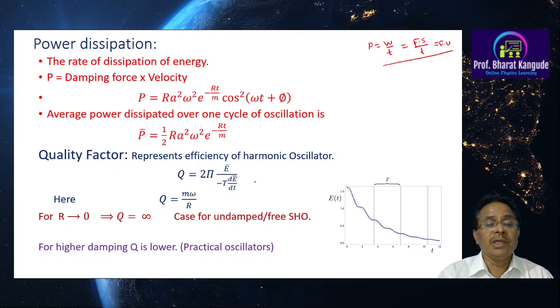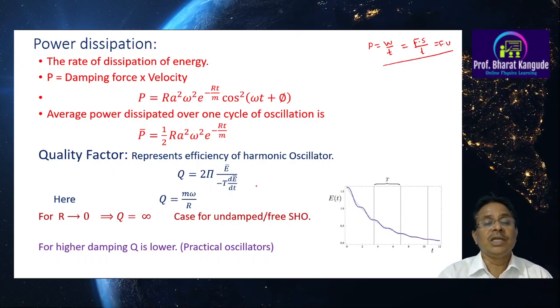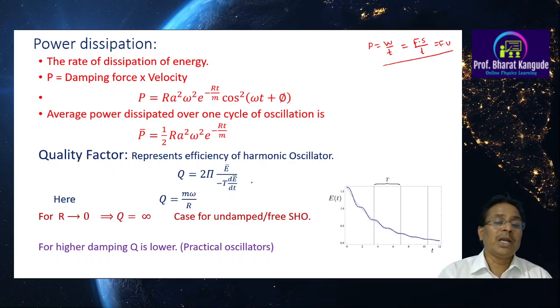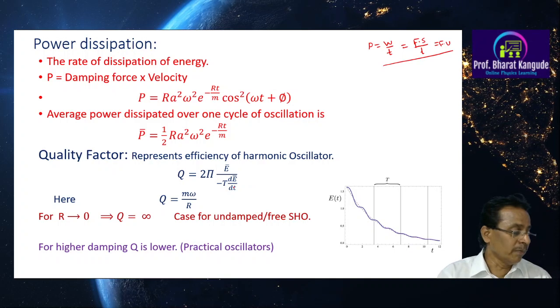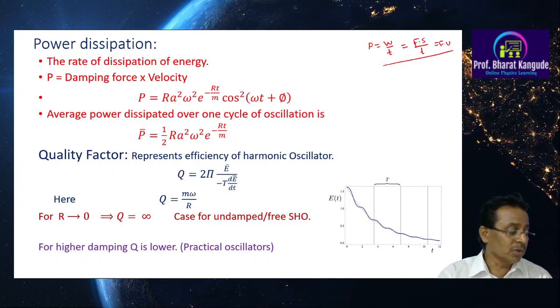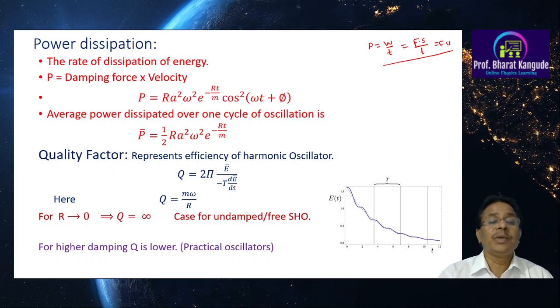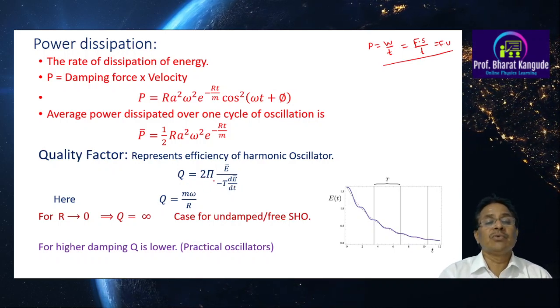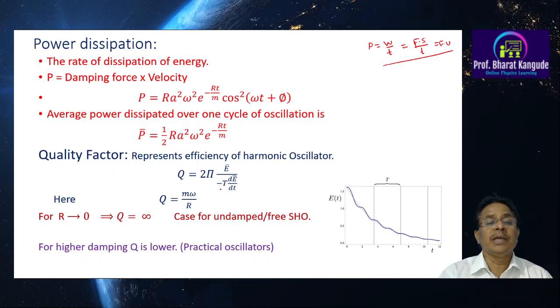So this is the way we define the quality factor of the damped harmonic oscillator, which is given by twice pi into the energy stored in the damped harmonic oscillator, divided by the dissipation of energy in one cycle. So this definition gives Q equal to twice pi E bar upon minus T into dE bar upon dt.